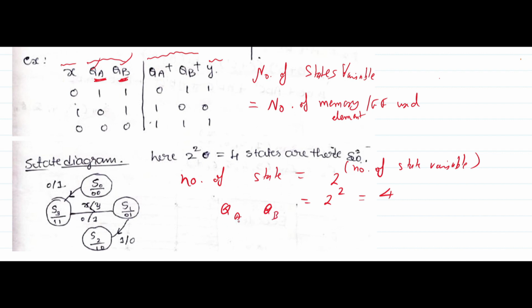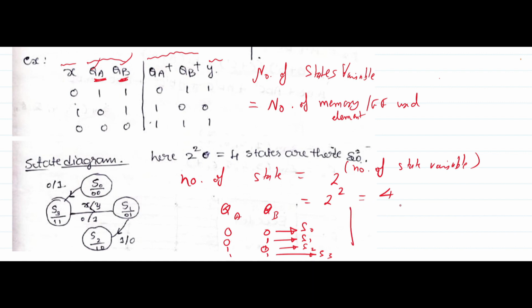This number of states gives the total number of combinations of state variables. So qa qb are state variables, and their combinations can be 0 0, 0 1, 1 0, 1 1, right? So these four combinations will be there, and I will denote them by state s0, state s1, state s2, and state s3. So four states are there for two state variables.